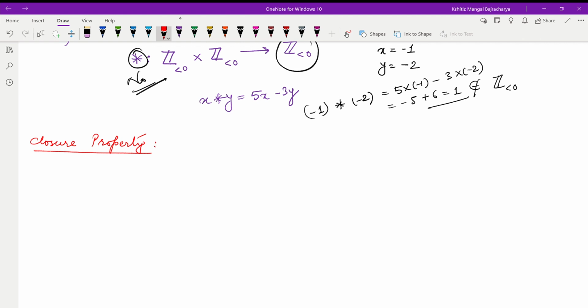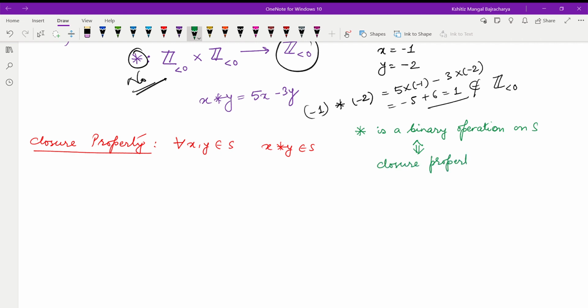The closure property states that for x, y belonging to S, x star y belongs to S. If this property holds for a binary operation, then this is called the closure property. But by definition, if star is a binary operation on S, then the closure property must hold as per the definition of a function.